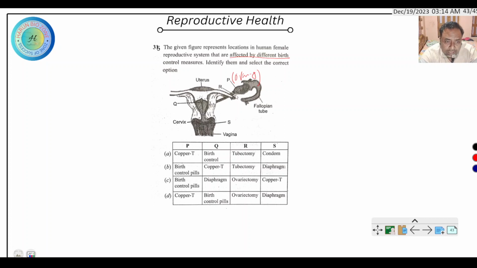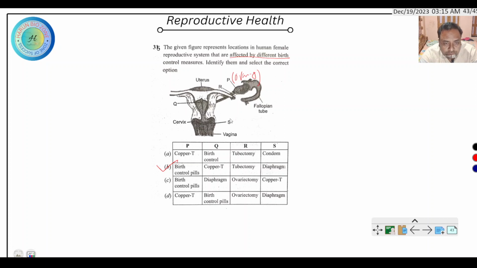Then R is the fallopian tube. The fallopian tube is cut, that is tubectomy, which occurs here. Then S, the cervical mucus region, or diaphragm, means a female condom is used here to prevent the transfer of sperm from outside to the uterus.